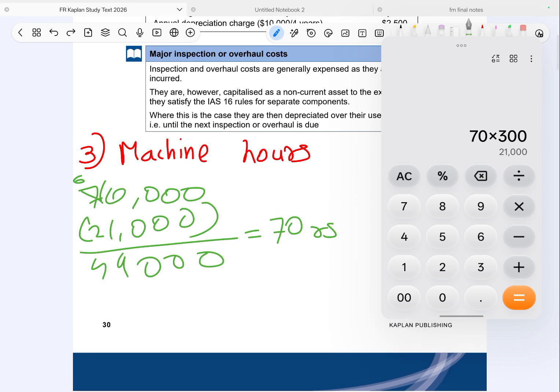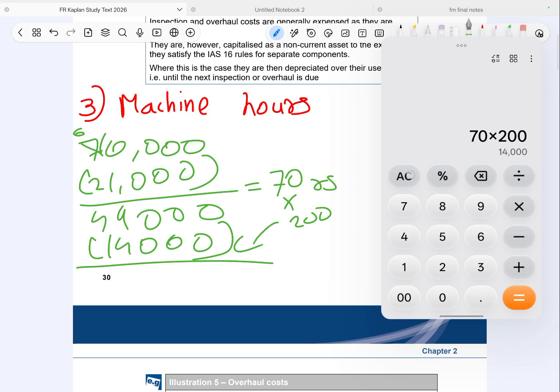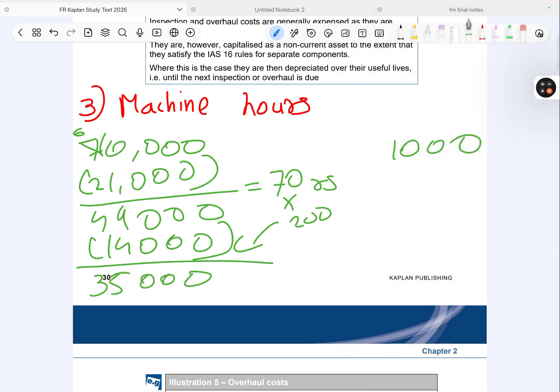Next year, let's say we used it for 200 hours. 70 into 200 gives us 14,000. So 49,000 minus 14,000 is 35,000. So this way, depending on how many machine hours you are using, you just subtract it from your total initial value.